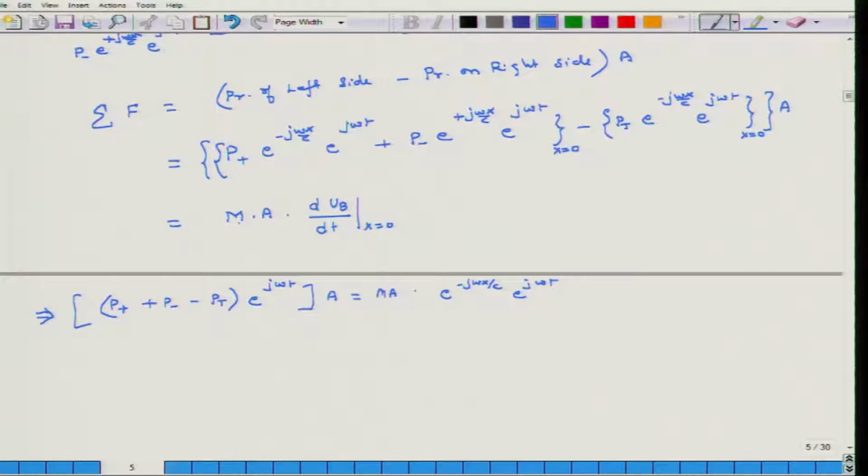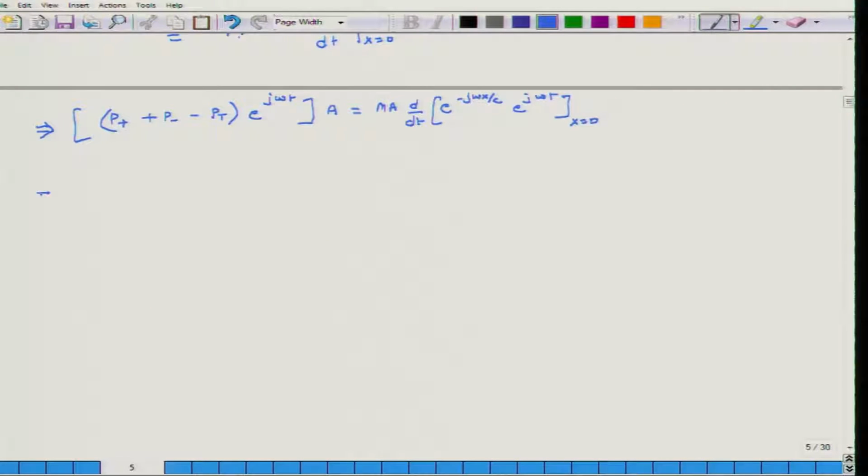So, m a d over dt of this entire thing, and this also I have to evaluate at x equal to 0, and there is of course Pt.